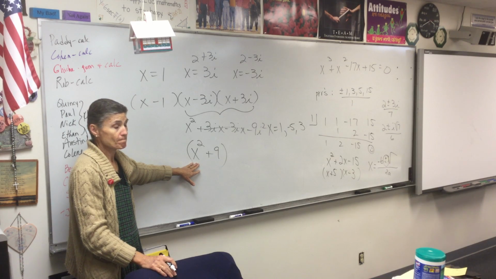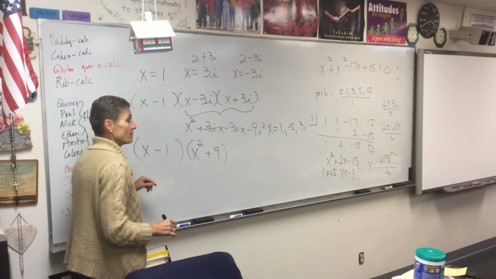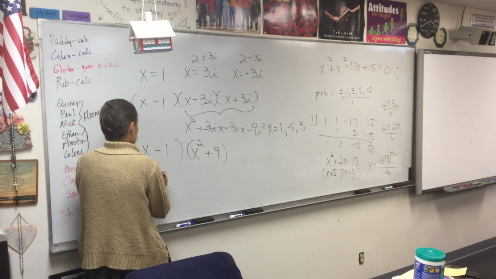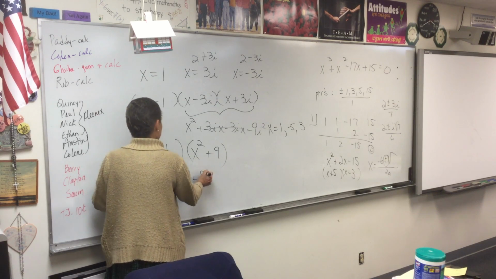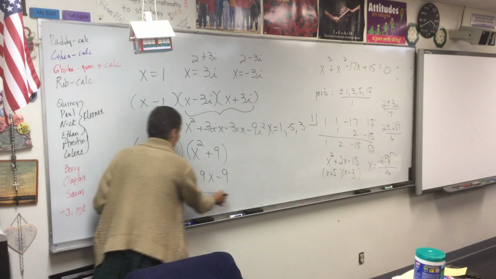You okay with that? And I still have to multiply that by x minus 1. I'm not done. So I have x cubed minus x squared plus 9x minus 9. And there is my polynomial.